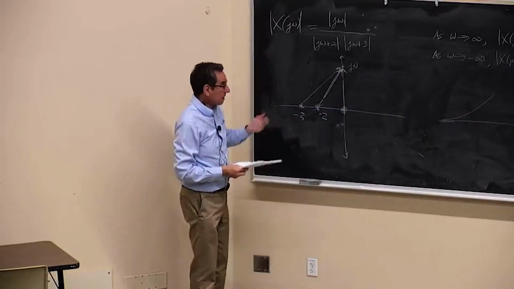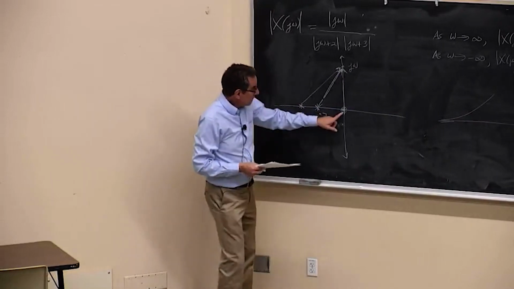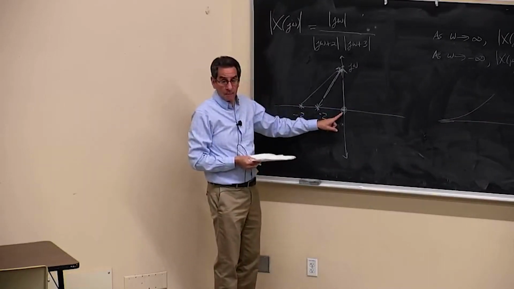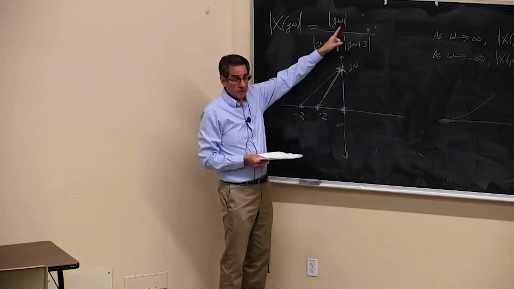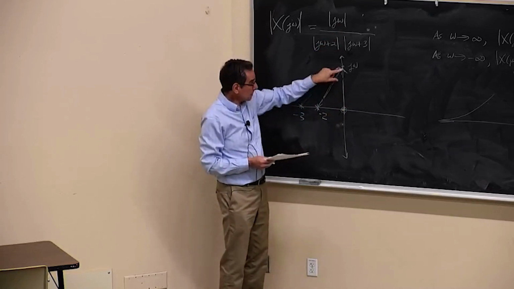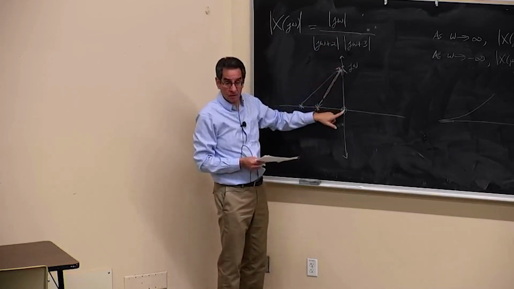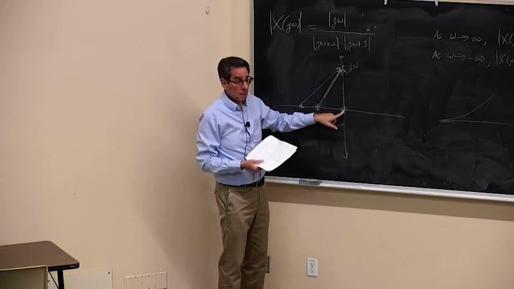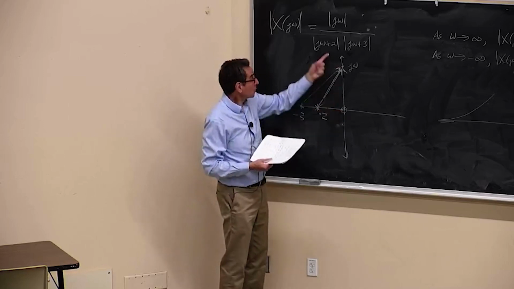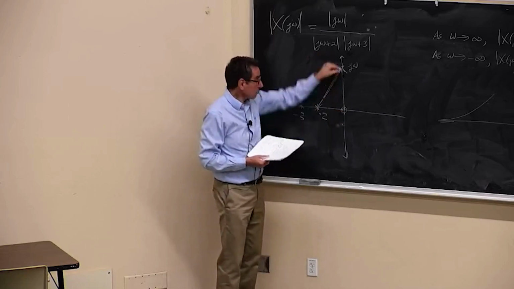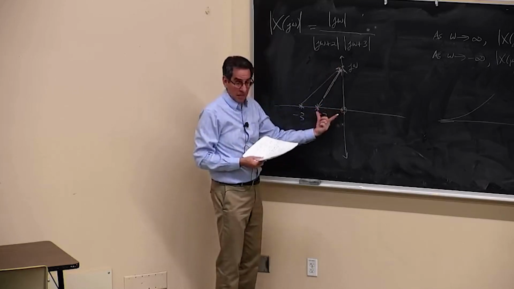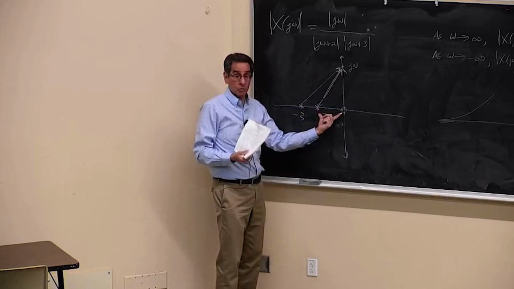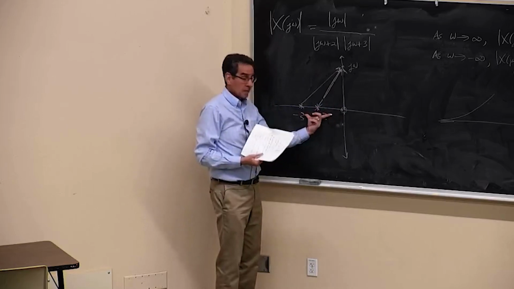Can we say anything about in between? Well, when omega is equal to 0, what's the length of j omega? It's the length of this vector when I squish it down so it's 0. So the numerator is 0. What's the denominator? When I push this down, it's going to be that 0 length vector divided by this length, which is 2, times this length, which is 3.